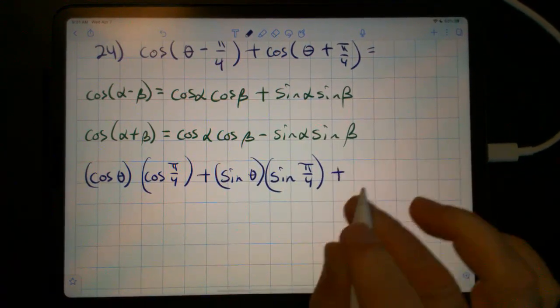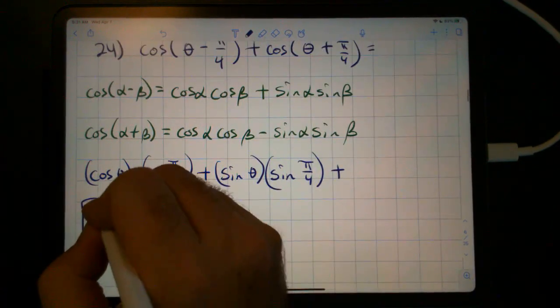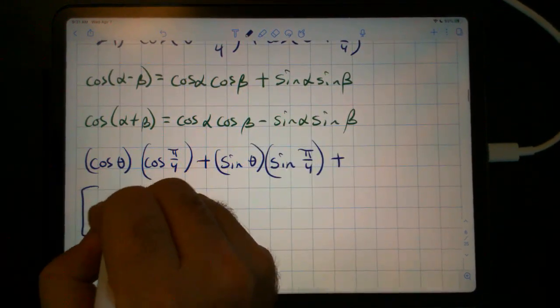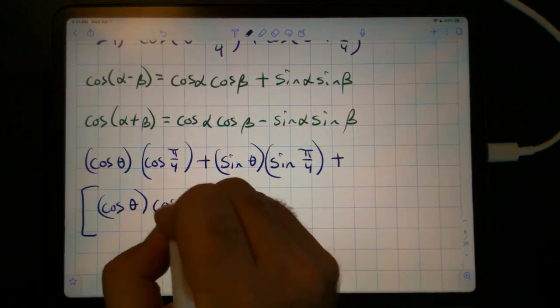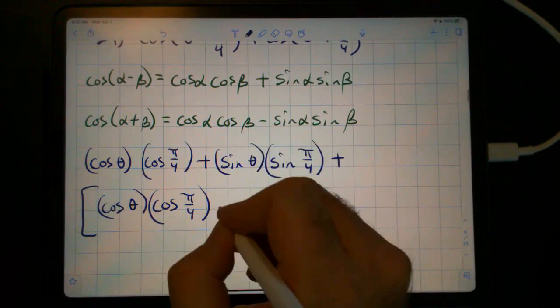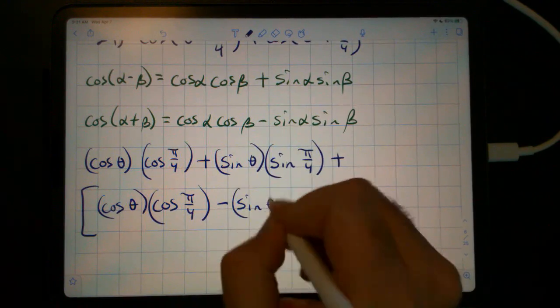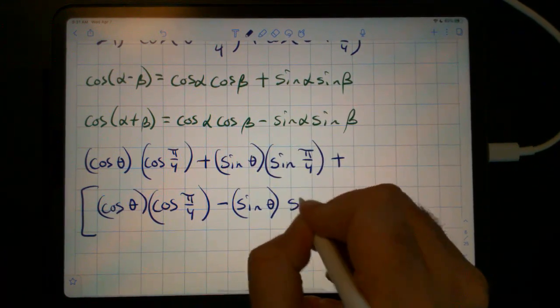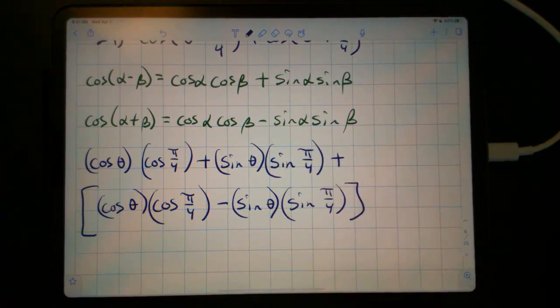And then here we will be adding all of this. So we have cosine of the first angle, cosine of the second angle, and then we will be subtracting sine of the first angle, sine of the second angle.